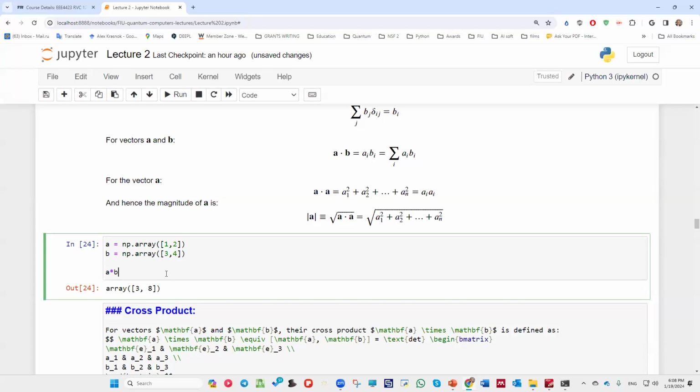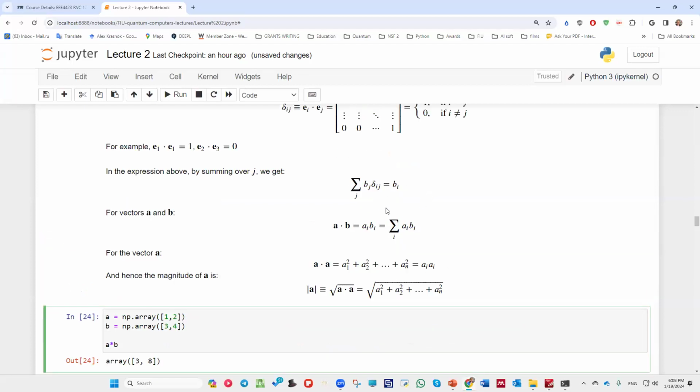This is actually a very good point to notice that when you take a product of two vectors, it's not sufficient just to multiply vector by vector, right? You actually need to multiply one vector by the transpose version of the second vector in order to get this scalar here.